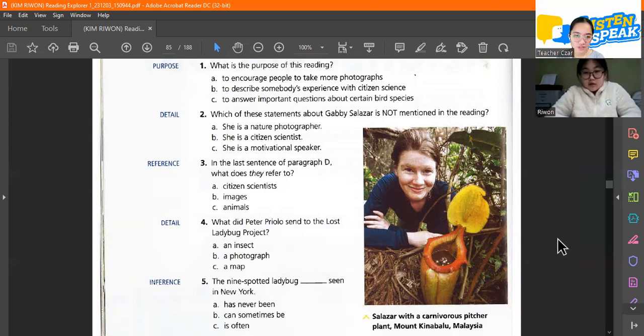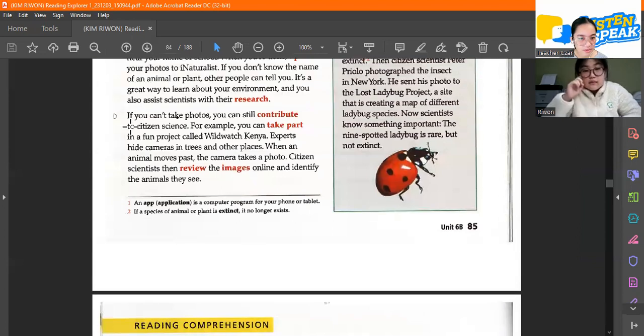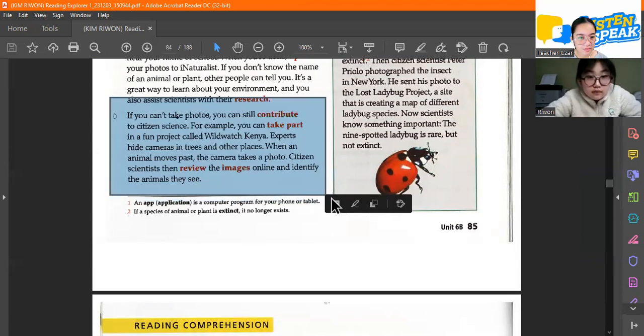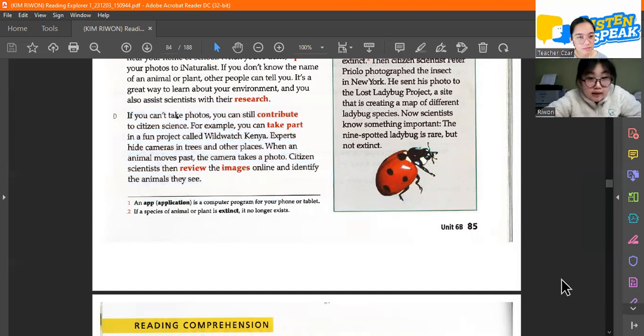Yes, she's not. Okay, how about number three? In the last sentence of paragraph D, what does they refer to? Okay, let's see paragraph D. Where is they? Okay, here, the last paragraph.